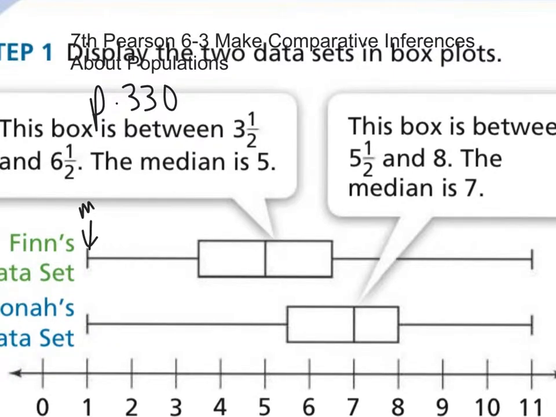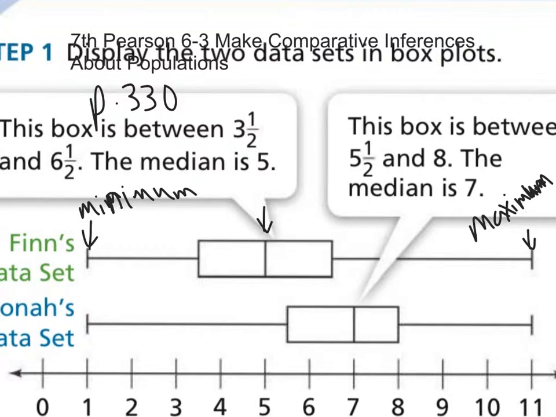That's called the minimum a lot of times. The maximum, or the biggest number, goes at the other end. When you make these box plots, you have to figure out all this stuff first before you just draw the box plot.